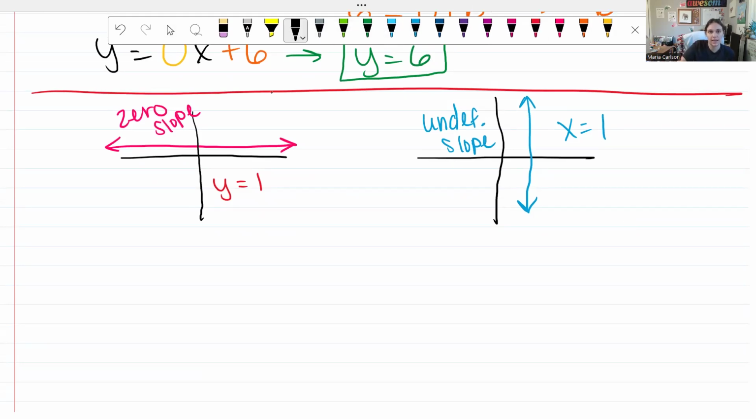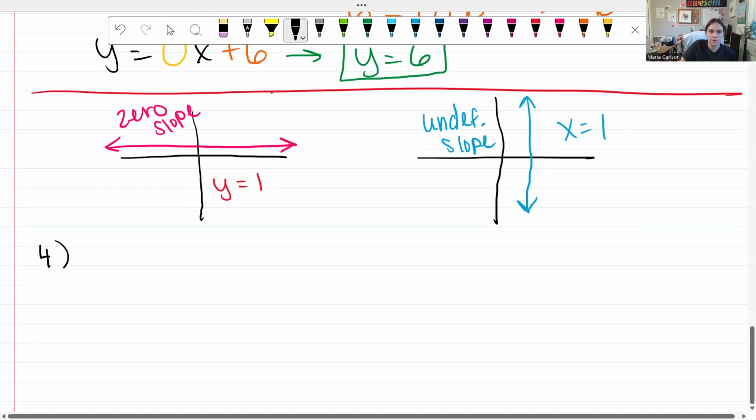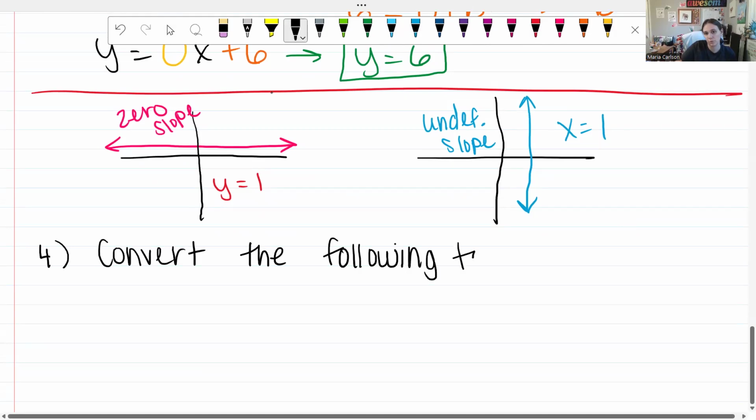Last problem I want to look at, we are going to convert the following to slope-intercept form.